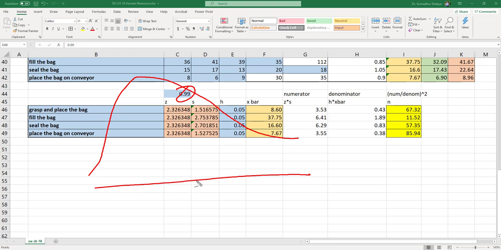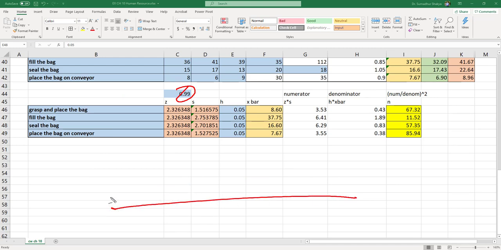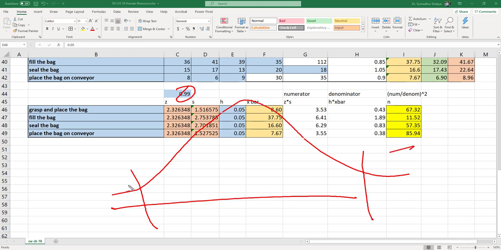We are looking at 99%. If we look at a total of 99%, we have about 0.5% on this side and 0.5% on this side.